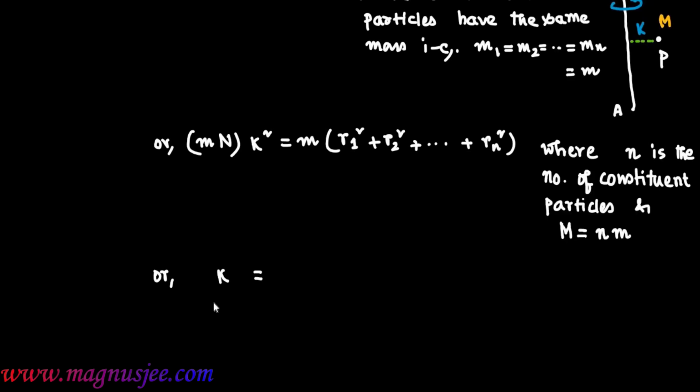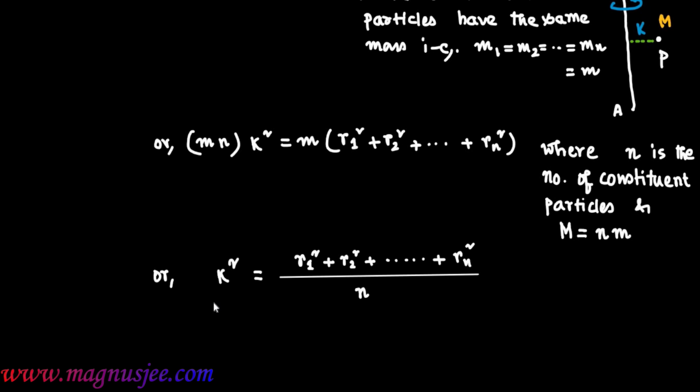Therefore k square equals r1 square plus r2 square plus dot dot dot plus rn square whole divided by small n, not capital N. So in the previous line we have to make a correction, that should be small n.